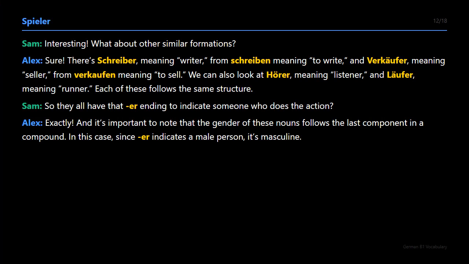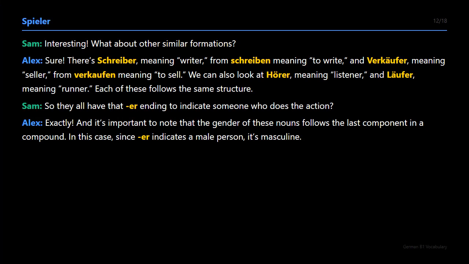We can also look at Hörer, meaning listener, and Läufer, meaning runner. Each of these follows the same structure. So they all have that ending to indicate someone who does the action.